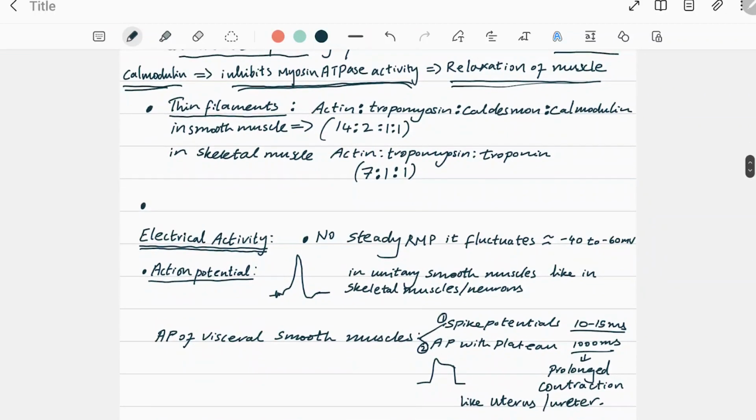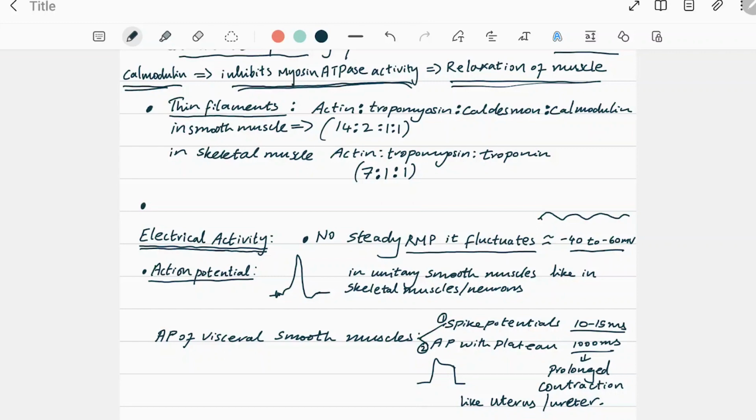Other than that, let's see the electrical activity of smooth muscles. They don't have a particular RMP. It fluctuates between -40 to -60 millivolts. So it's always hovering around there somewhere. And remember, you don't need action potentials in smooth muscle to cause contraction. What makes the smooth muscle work is the amount of calcium that comes in.